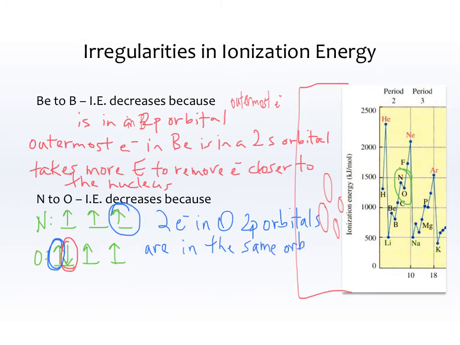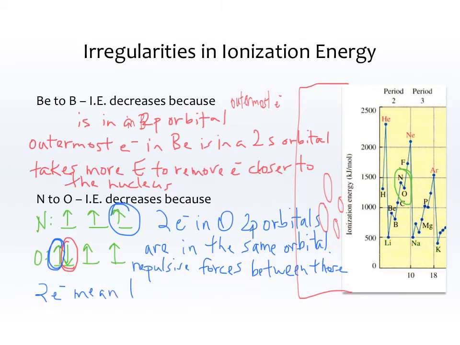Repulsive forces between those two electrons mean that less energy is required to remove one of them.